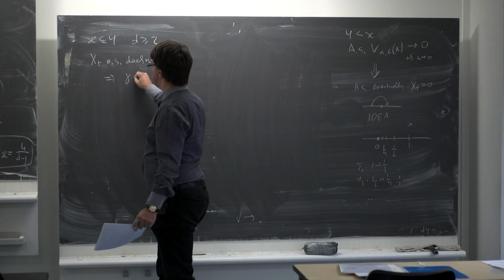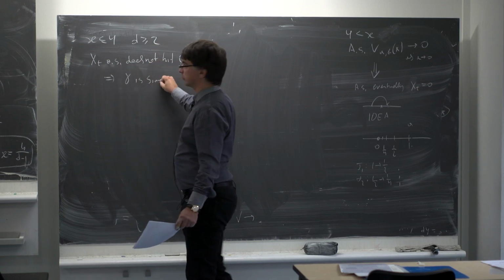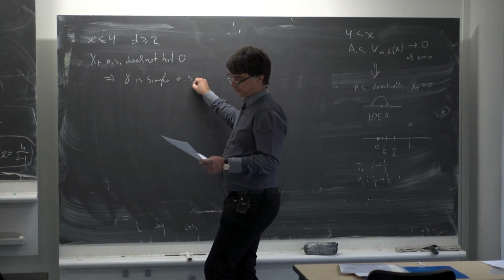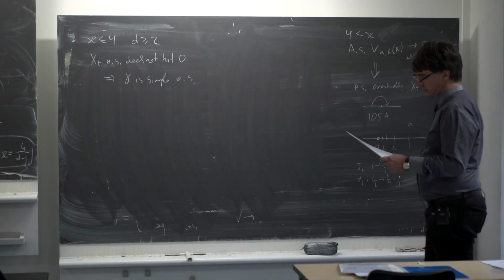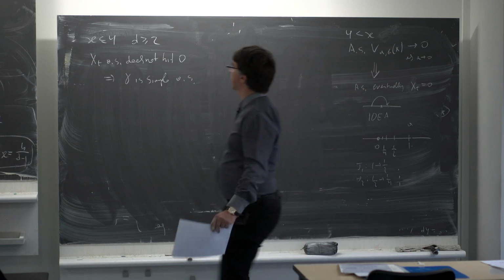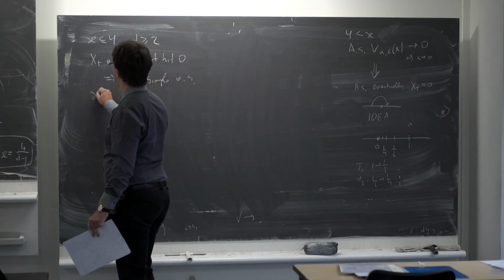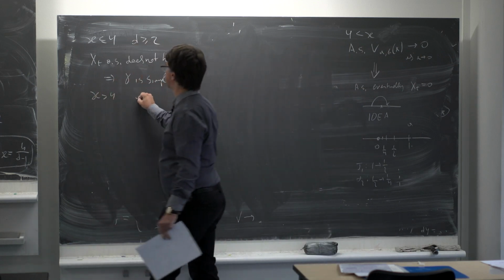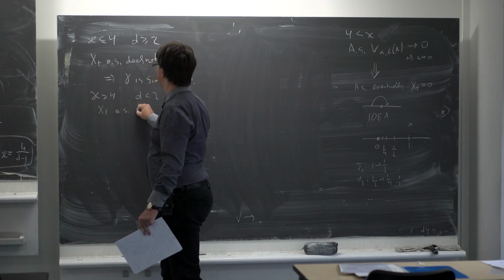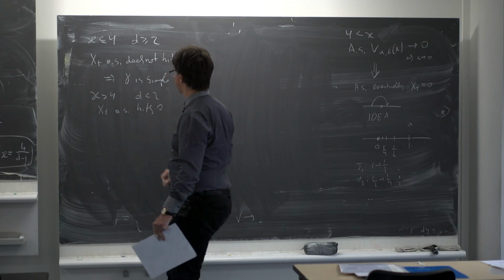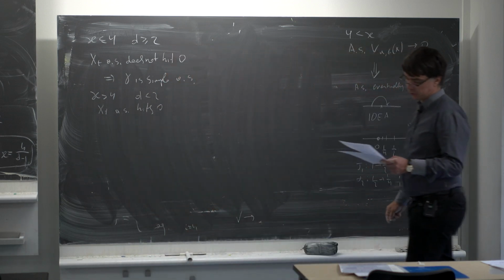So the curve gamma is simple, almost surely. On the other hand, when kappa is bigger than 4, d is smaller than 2, and Xt almost surely hits 0 in finite time. So our point is swallowed.